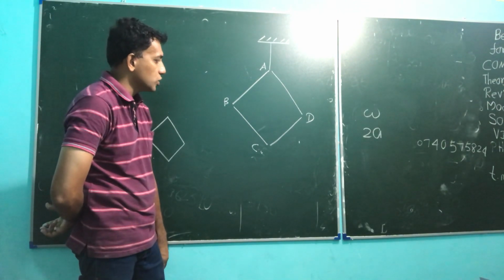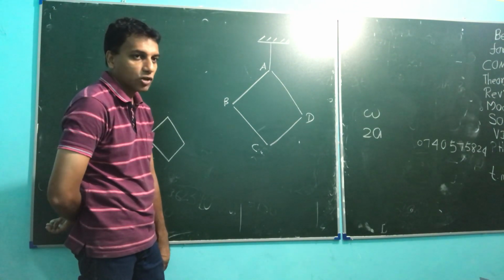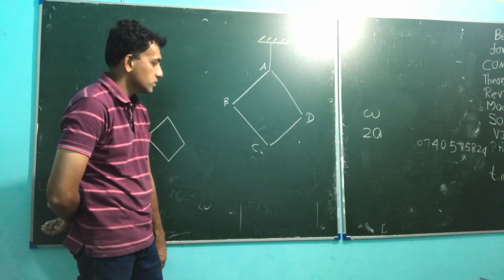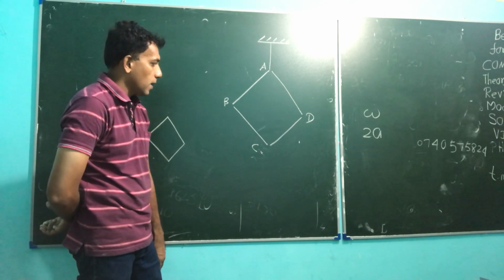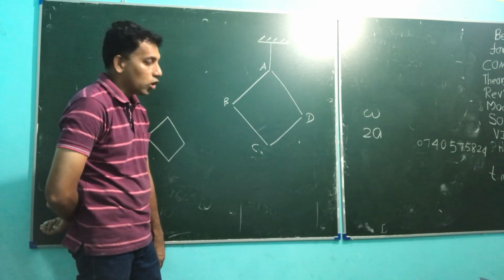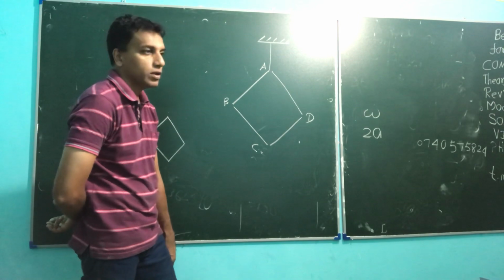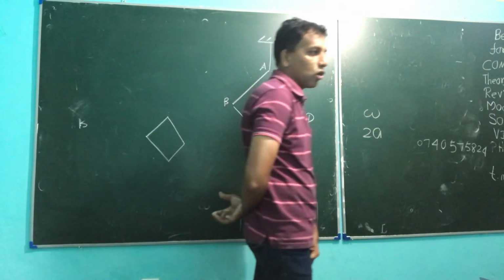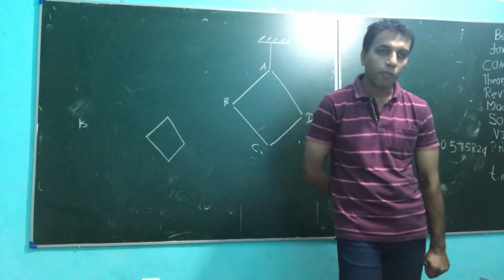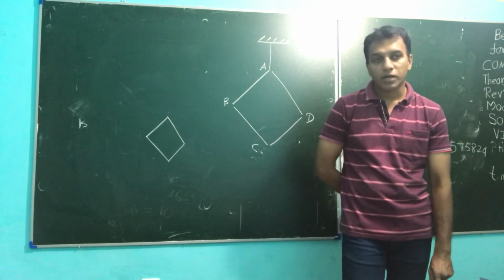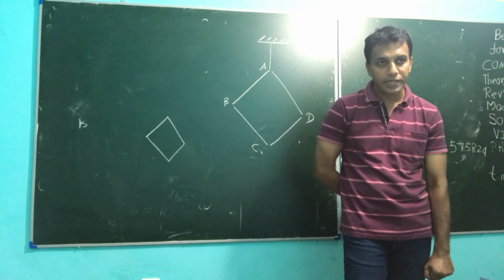Find the horizontal and vertical components at the joints B, C and D. Find the horizontal and the vertical components at the joints B, C and D.